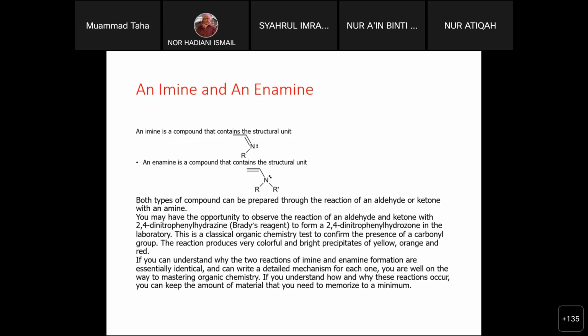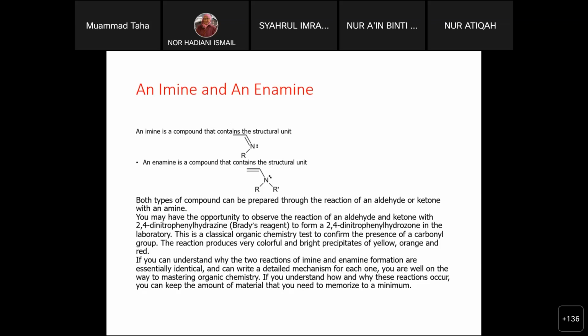Okay, an imine is a compound that contains a structural unit like this, a nitrogen-carbon double bond. An enamine is a compound that contains a structural unit with a carbon double bond attached to the amine nitrogen.